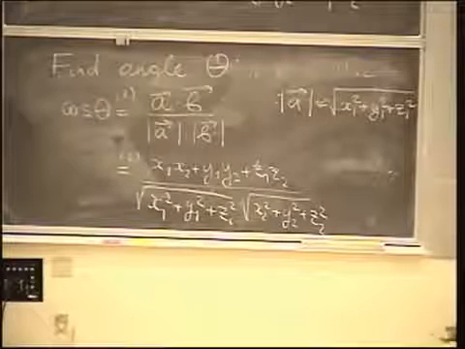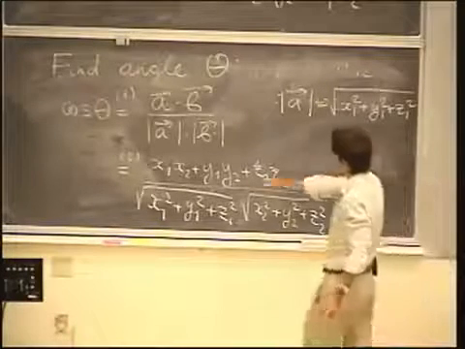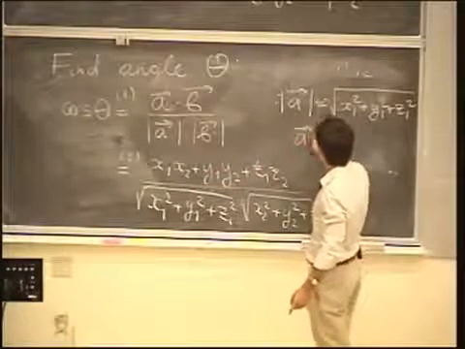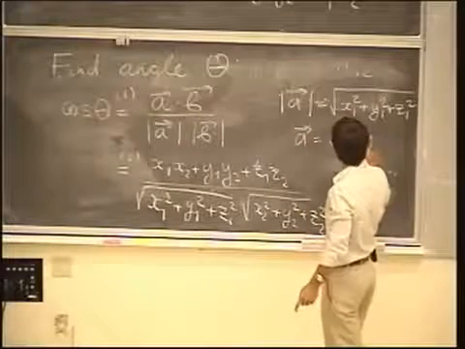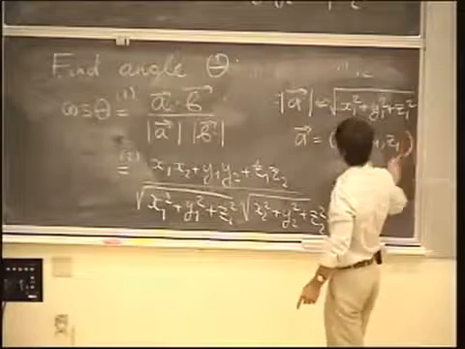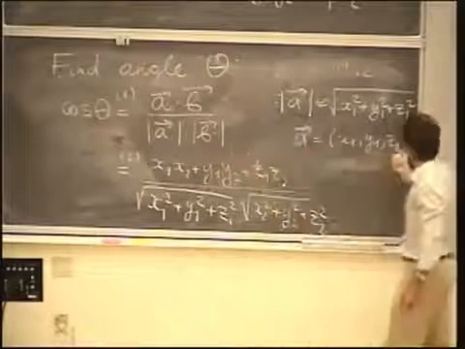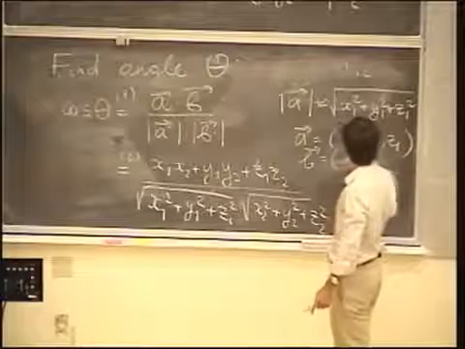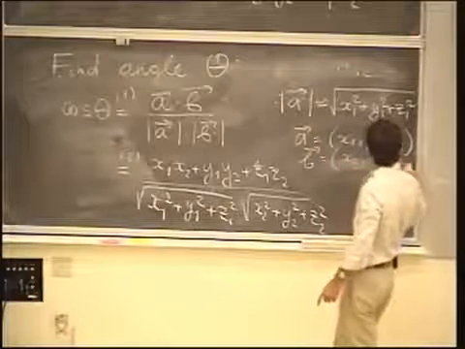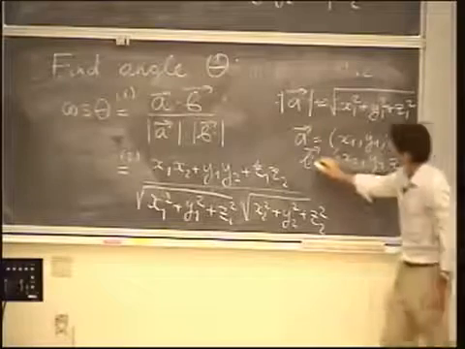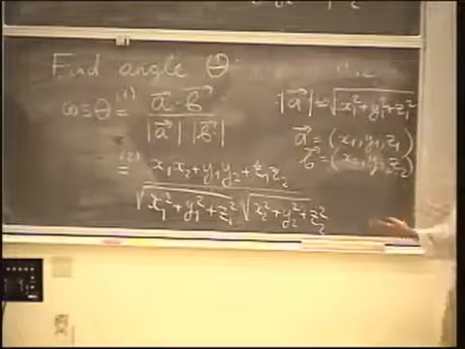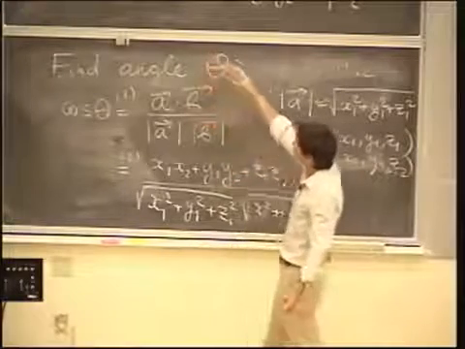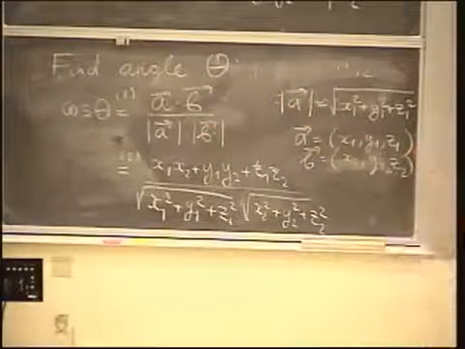But in fact, there is a very explicit formula which uses nothing but the expression for A and B in terms of components. Right? So this formula only uses x1, y1, z1, which are the components of A, and x2, y2, and z2, which are the components of B. And a priori, there's no reason to believe that there would be such a formula. But we were able to derive it by combining two different definitions of the dot product.